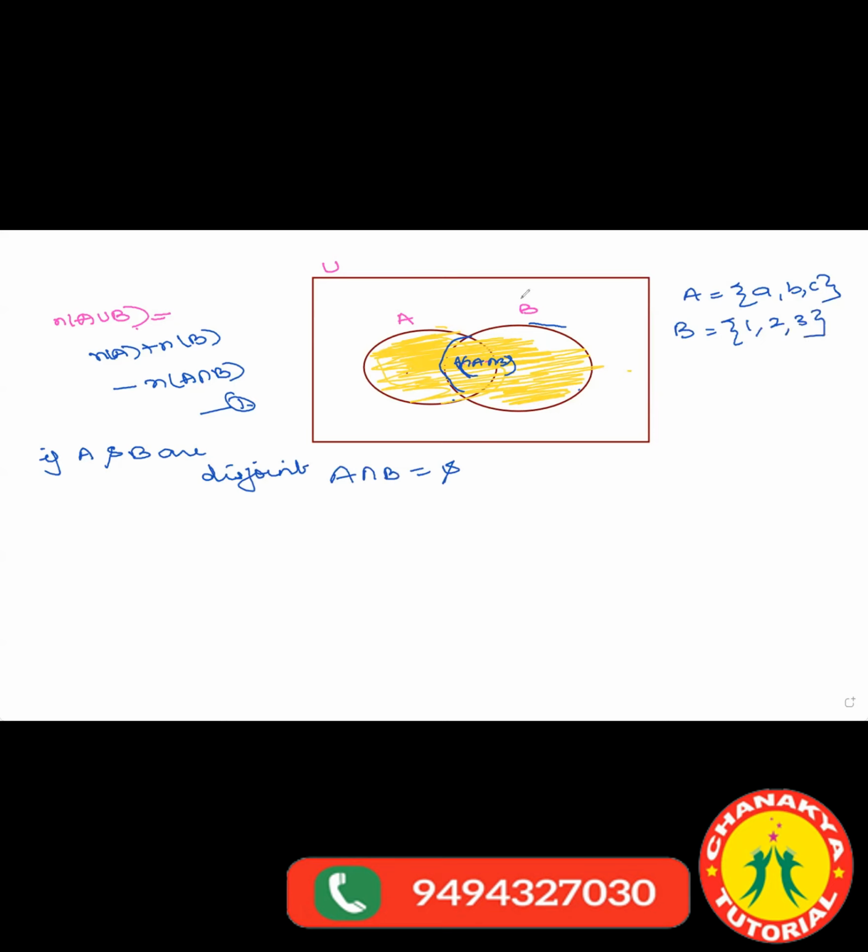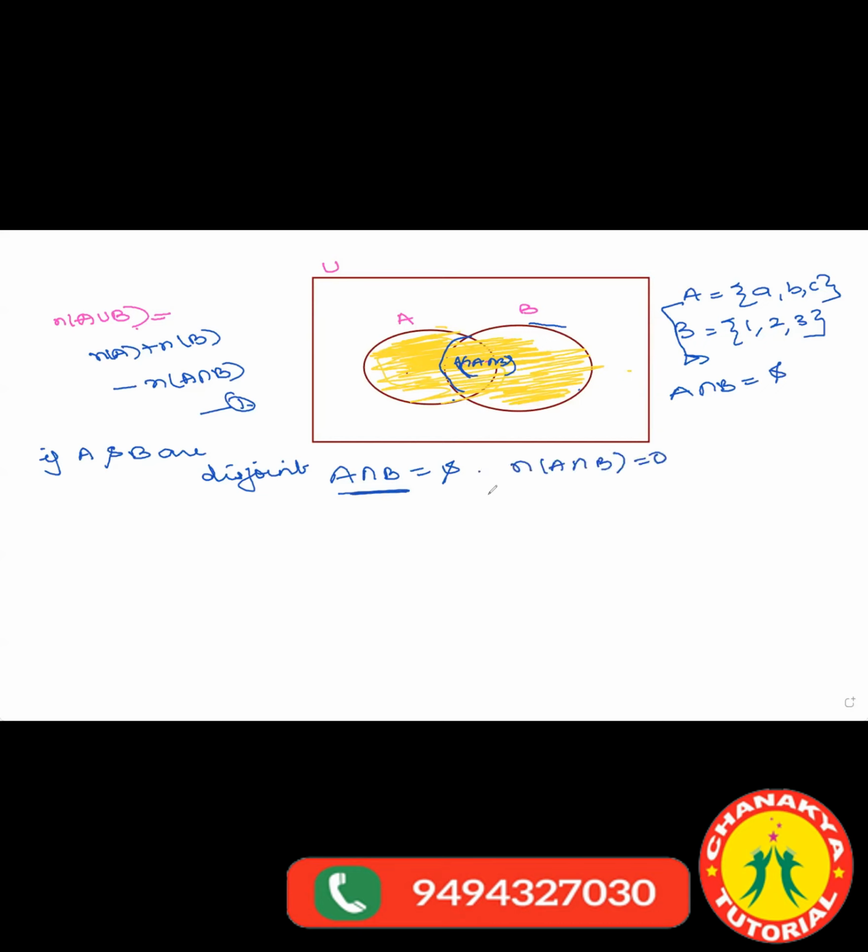What is common here? Just the empty set. So these are disjoint sets, and A intersection B is the empty set. So in case of disjoint sets, the number of elements in A intersection B will be 0.